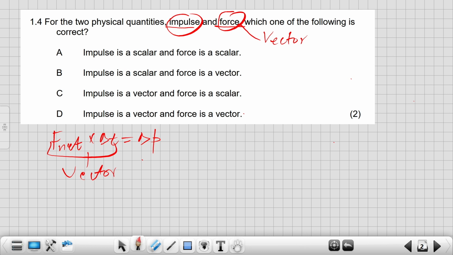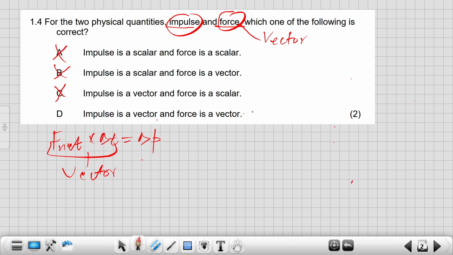Impulse is a scalar, not true. Impulse is a scalar, also not true. So the only option I have here is impulse is a vector. I definitely know, but force is not a scalar, but a force is a vector. So it means also this one should be incorrect. Then the only correct answer here will be impulse is a vector and force is a vector.